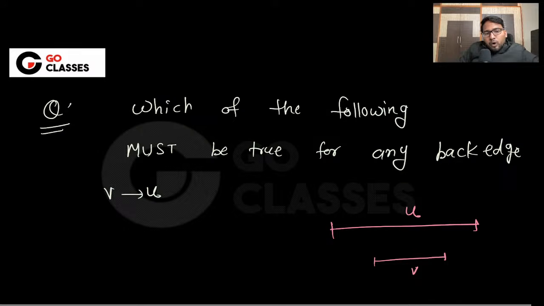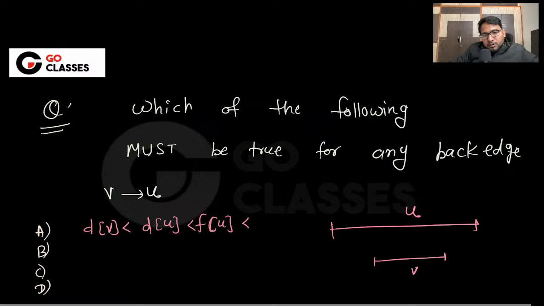Now, if someone gives you the options, let's suppose A, B, C, D, okay, which of the following is true about the back edge? Must be true. Then what can you say? Someone told you that the discovery time of V is lesser than the discovery time of U, and then finish time of U, finish time of V. Is this true?